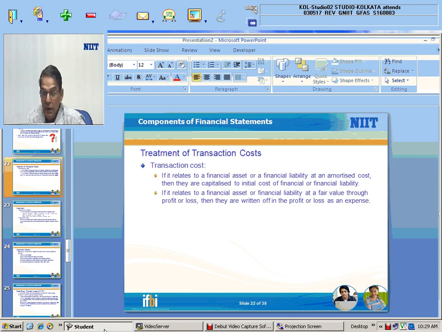In addition, entity A incurs transaction cost in the form of broker fees of $100 to acquire the shares. So entity A will classify the shares at fair value through profit or loss. In this case, entity A would make the journal entries on initial recognition, something like that.